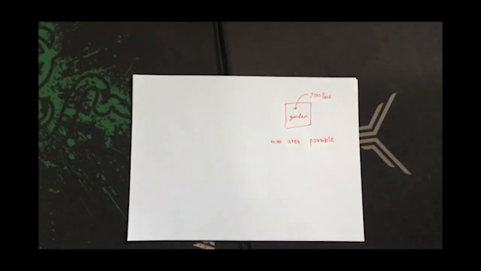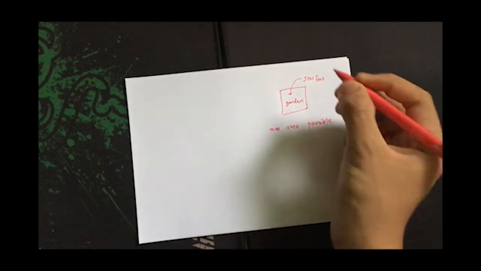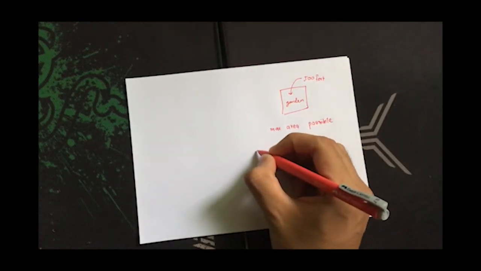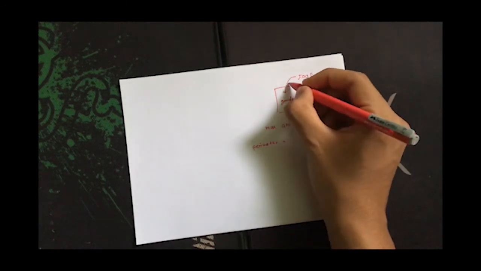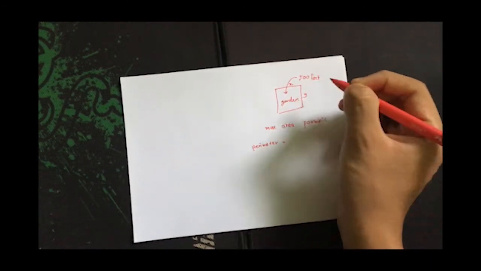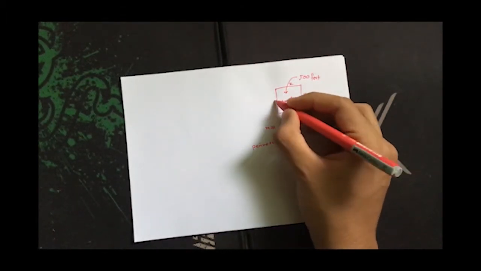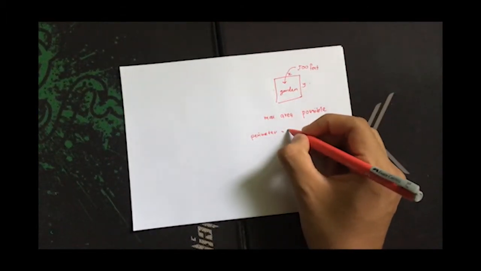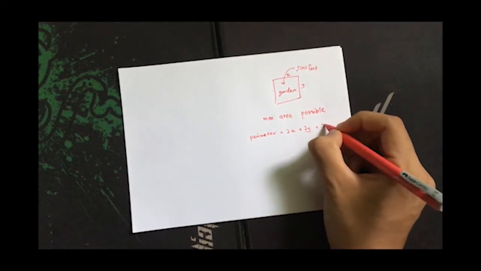First of all, we're going to use perimeter because they give their perimeter, which is 500, and we're going to use x, y. As you can know, perimeter is x plus y plus x plus y. So we're going to use 2x plus 2y equal to 500.